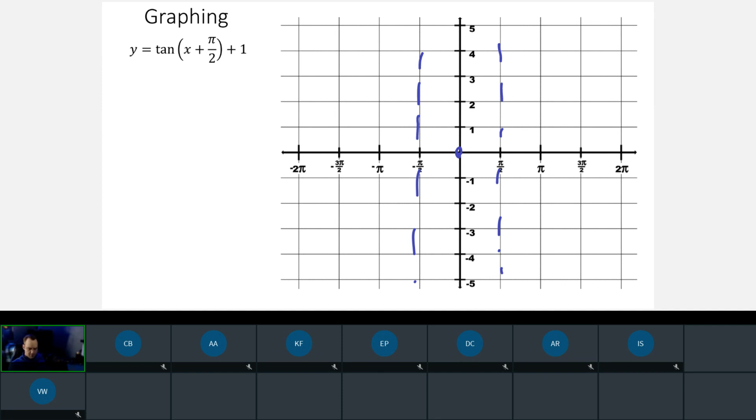Try to do a rough sketch on your paper of this graph. Got about 30 seconds left.